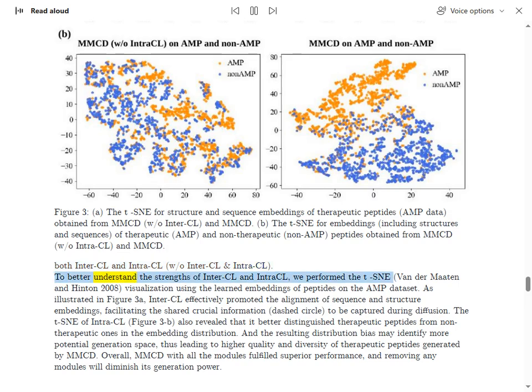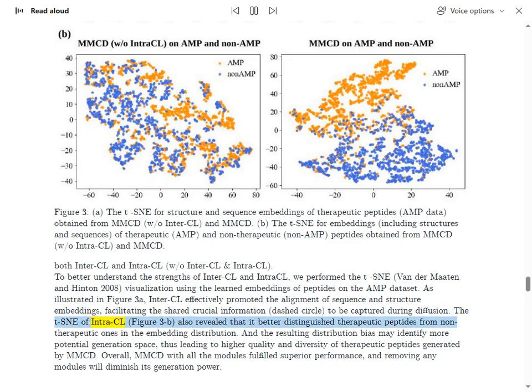To better understand the strengths of interCL and intraCL, we performed the T-SNE visualization using the learned embeddings of peptides on the AMP dataset. As illustrated in Figure 3a, interCL effectively promoted the alignment of sequence and structure embeddings, facilitating the shared crucial information, dashed circle, to be captured during diffusion.